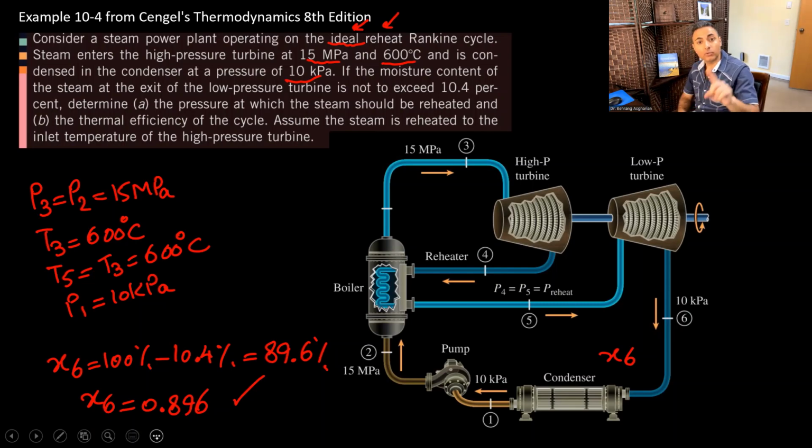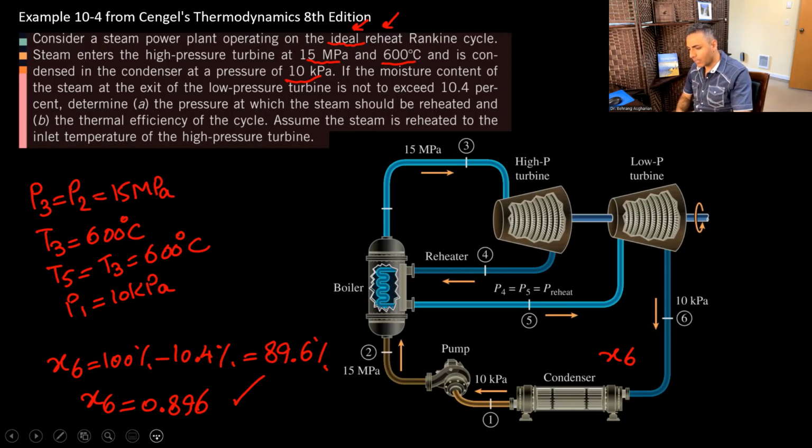This problem has only 1 reheat with 2 stages of turbines. So if that's the case, you need 4 pieces of information. If we wanted to reheat the steam multiple times, you would need more pieces of information. But for this cycle, 4 and 4 is given, so this problem can be solved.